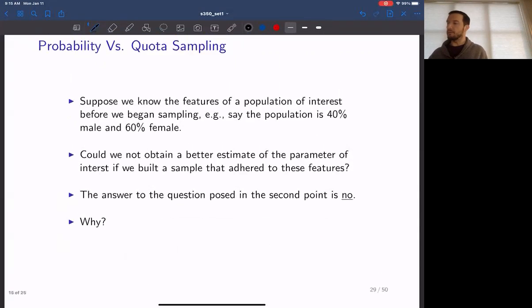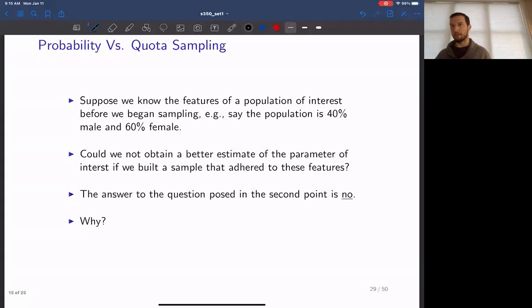So, probability versus quota sampling. As I mentioned before, the idea of quota sampling is an interesting idea because it would, by definition, create a representative population. If a perfect representation of the population is in fact just a scaled down version of the population, then quota sampling would be a very reliable technique to help us get there.